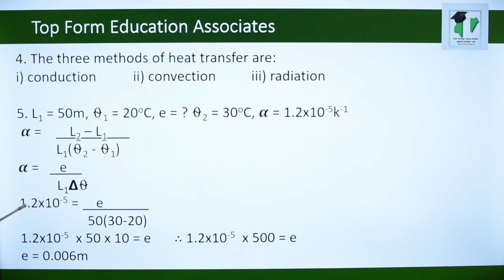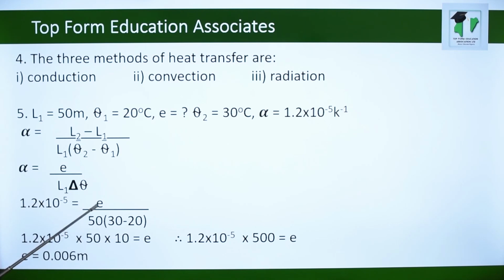So alpha is equal to 1.2 times 10 to the power minus 5, the linear expansivity, is equal to E, we don't know expansion yet, over original length 50 times final temperature 30 minus initial temperature 20. 30 minus 20 is already 10.